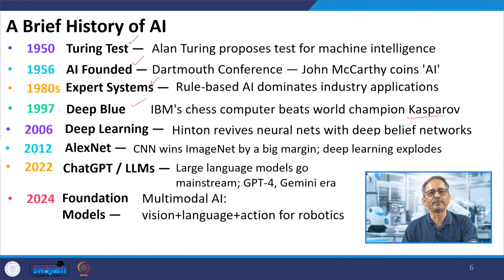Then in 2006 deep learning came, and Hinton at University of Toronto revived the neural network, and from here modern AI has come up. Then in 2012 we had AlexNet, in 2022 ChatGPT and LLMs, as we have all seen, and then in 2024 the foundational model, that is multimodal AI, where we have the combination of vision plus language plus action.